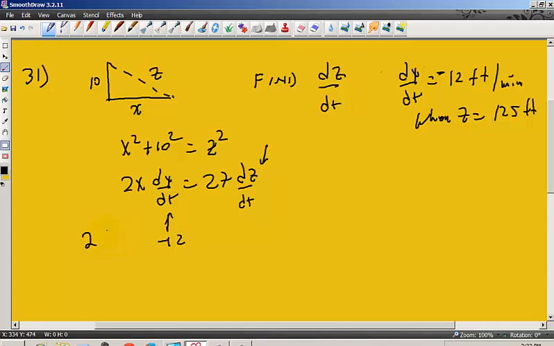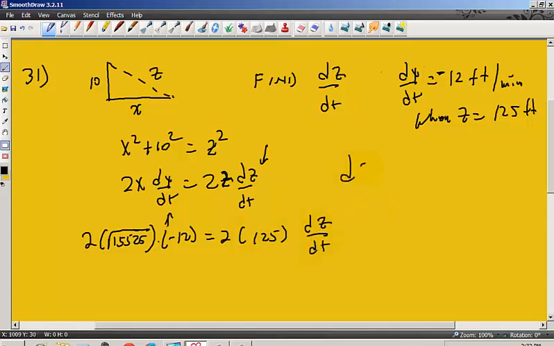So we found my x to be radical 15525. So that would be minus 12 is equal to 2 times z, which is 125, and that's my dz/dt.